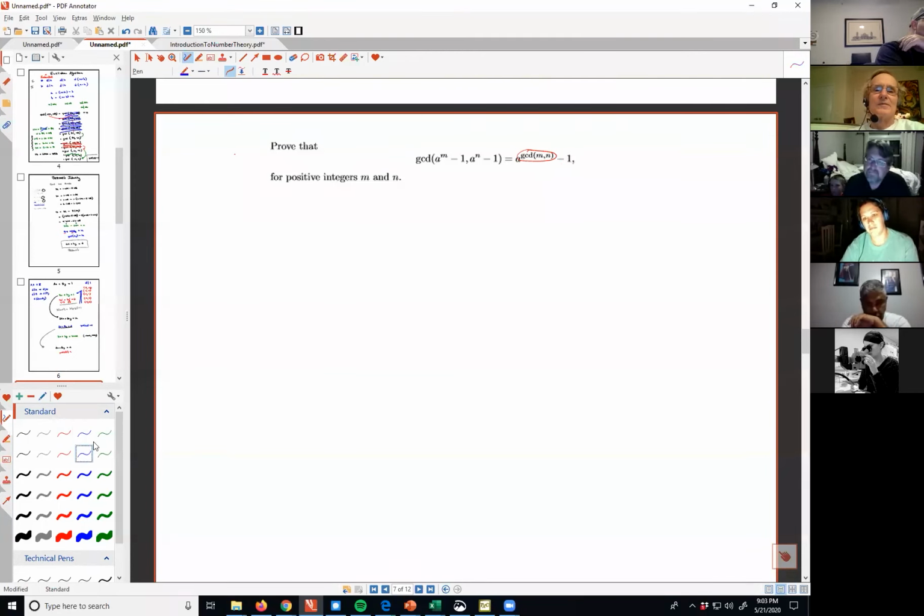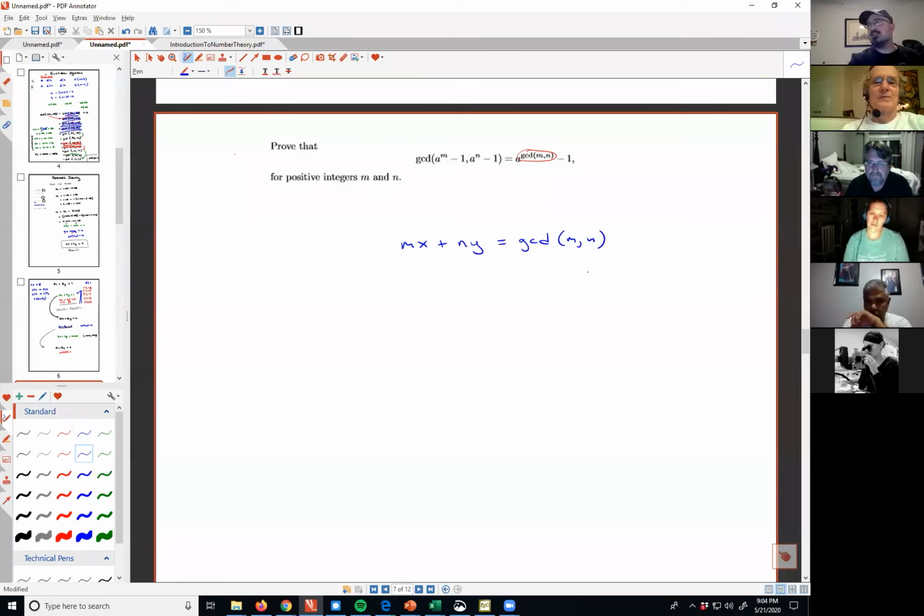If we're asking what we can connect this to, we might say, okay, we've got these integers m and n, and we know that there exist integers x and y, in fact infinitely many pairs, such that mx plus ny equals the GCD of m and n. So that gets us started along a certain avenue of thought.